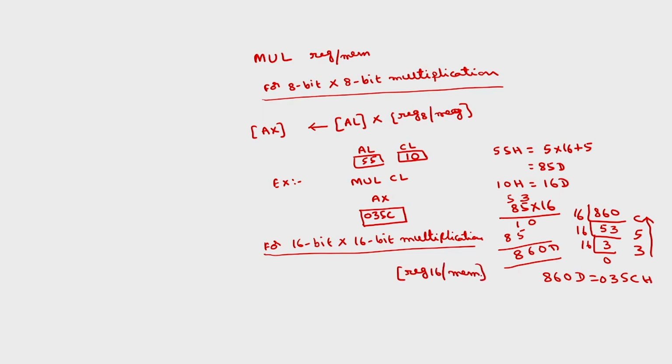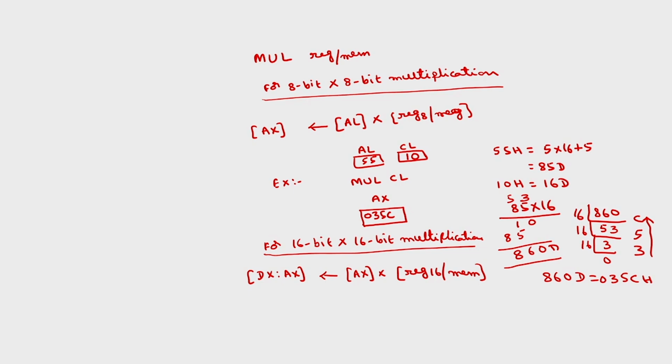This is one operand. The other operand will be by default the contents of AX, and the result will be stored in two 16-bit registers DX, AX, because if you multiply two 16-bit numbers, the maximum result will be 32 bits. The most significant 16 bits will be stored in DX and the least significant 16 bits in AX.